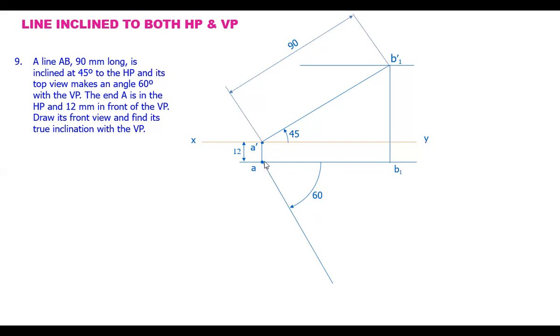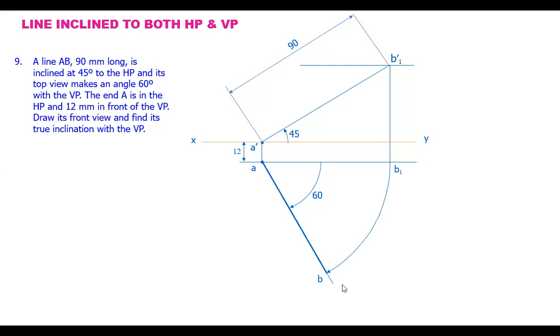From this position A dash B1 dash, we get the top view of this line, AB1. So AB1 is nothing but the length of the line in the top view. So with AB1 as radius and A as center, you can rotate B1 and you get the point B here. So on this 60 degrees line, we have the point B here.